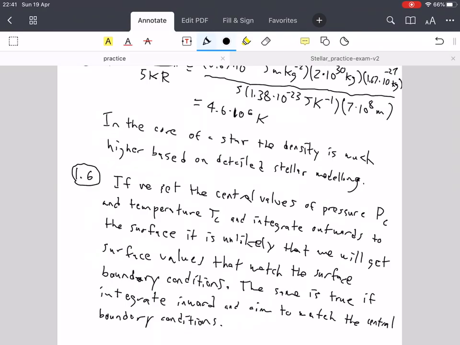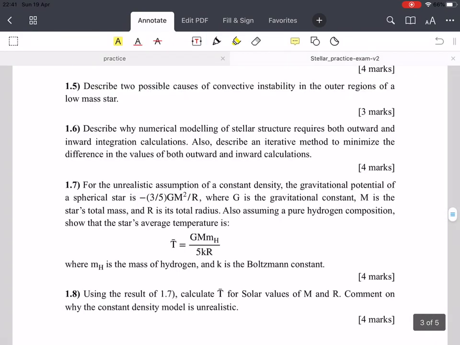Okay, I've started to run out of space, but the second part of the question is asking for the method that we can use to iteratively minimize the difference in the inward and outward calculations.